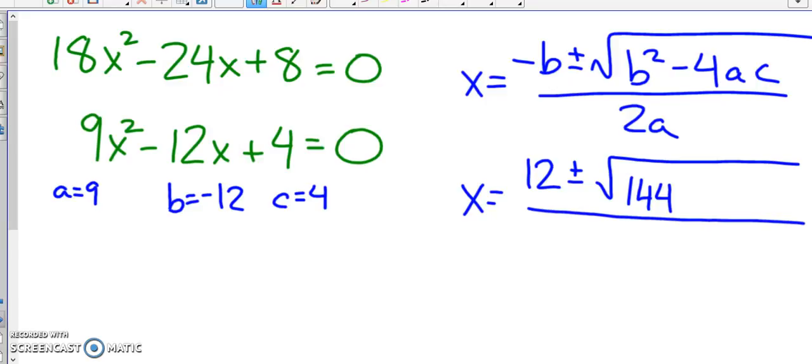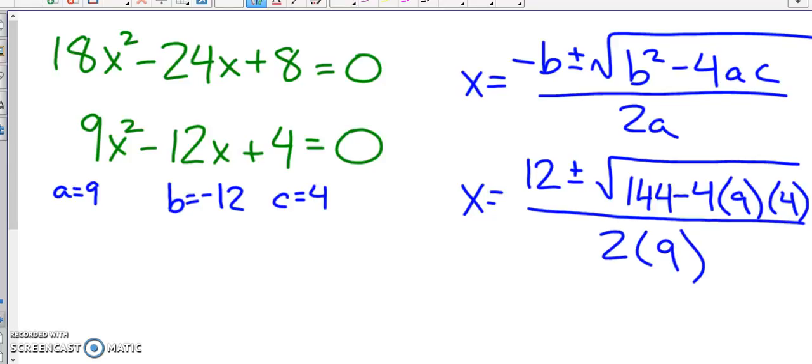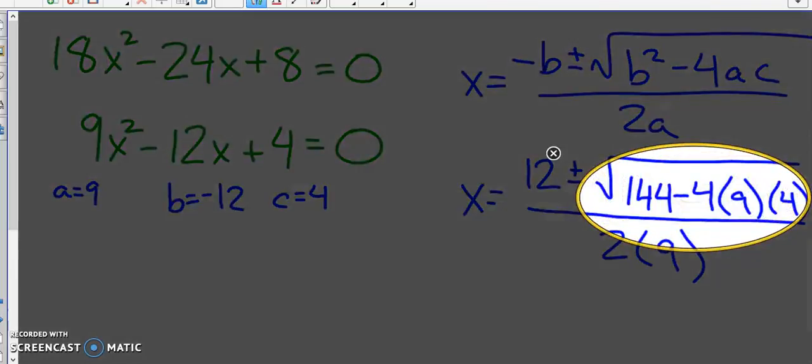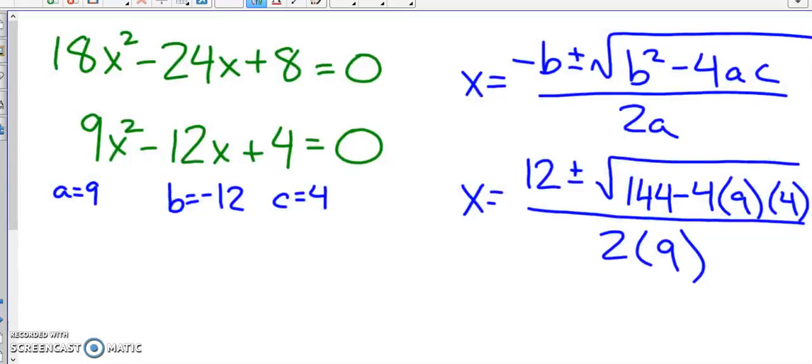So 144 minus 4 times 9 times 4. 4 times 9 is 36, times 4 is 144, which is kind of cool. And this is 2 times 9. So this becomes 144 minus 144, which is 0. And the square root of 0 is 0. And 12 plus or minus 0 would be 12.